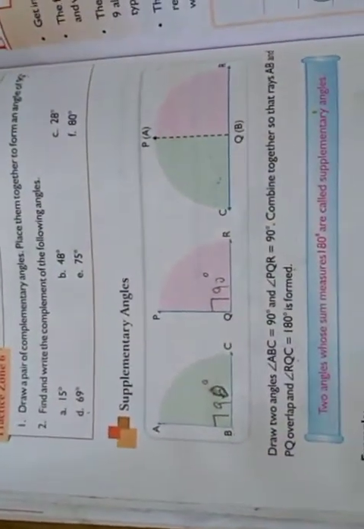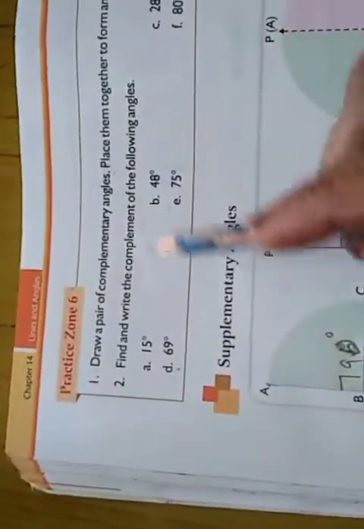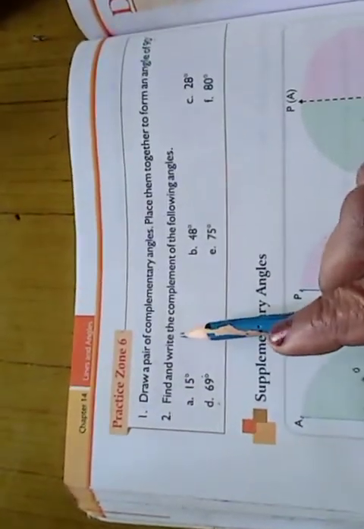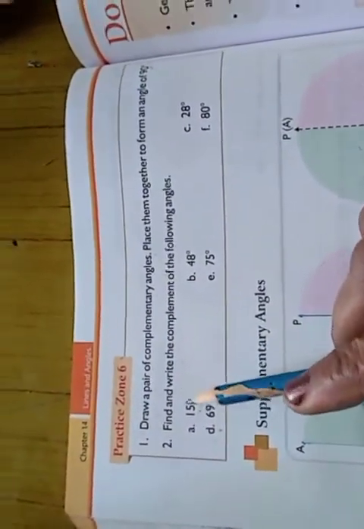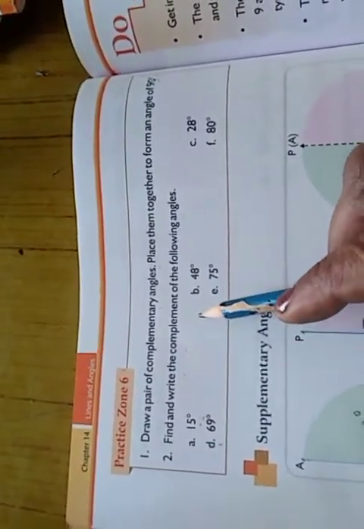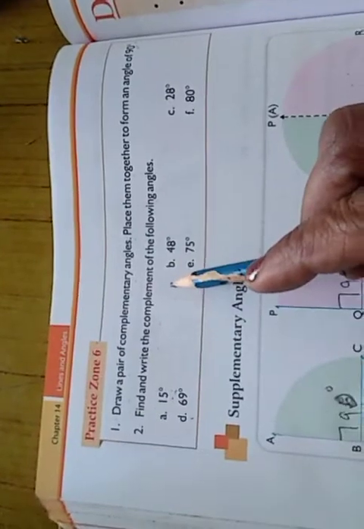Okay, you will complete here practice zone 6 and 7. For finding the complementary angle, you will write the property first. First write the property of the complementary angle here for question number 2, that when the sum of the two angles is equal to 90 degree, the angles are called complementary angles.